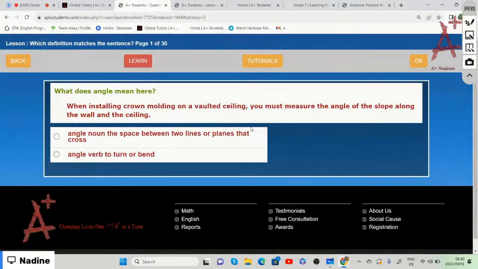When installing crown molding on a vaulted ceiling, you must measure the angle of the slope along the wall and the ceiling.